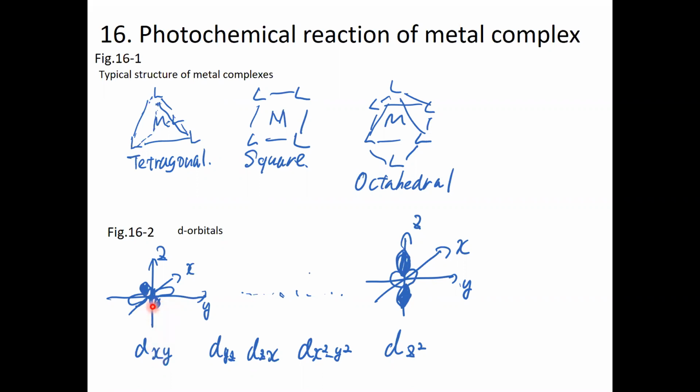This one is dxy, in the xy plane, with a clover-like shape. And then yz and zx are a similar type of shape, but only dz squared has a little bit of a funny shape like this.